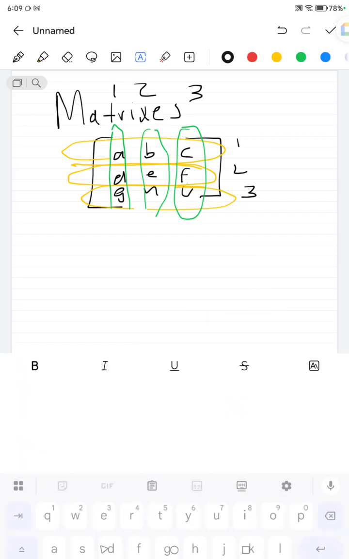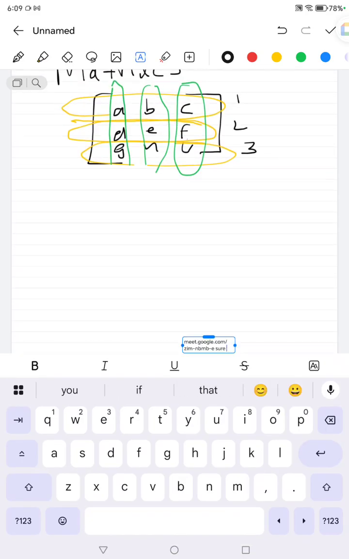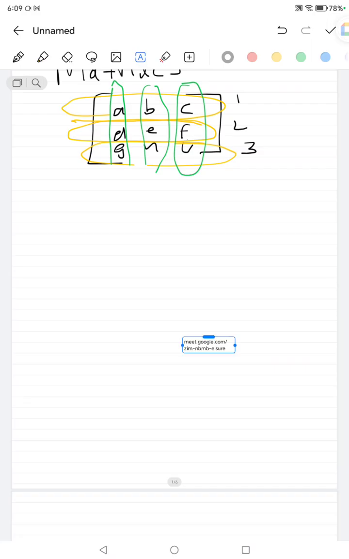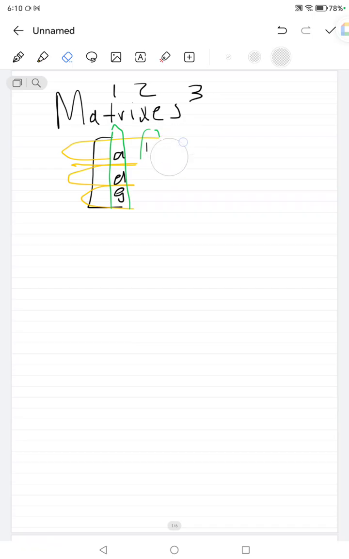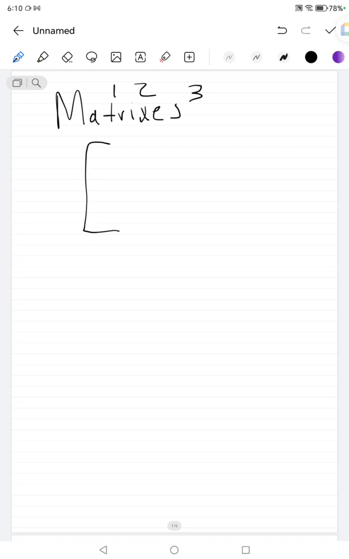Then if they won't ask you about the size, they will ask you about the positions of the elements. Okay, let me give you an example with real numbers. So let's say we have something that looks like this.